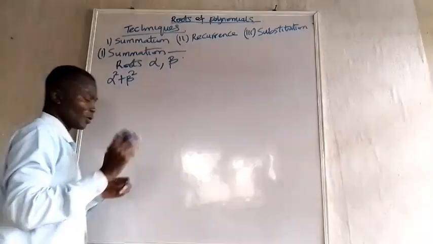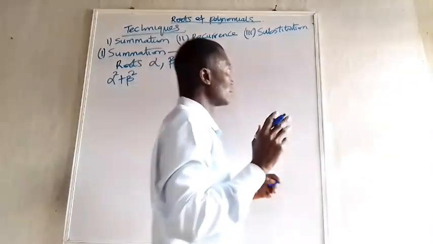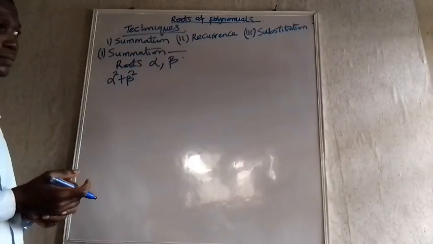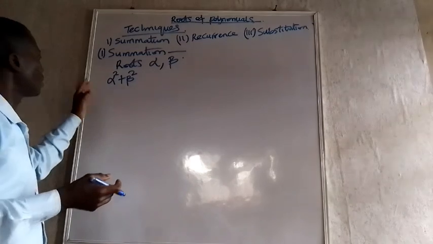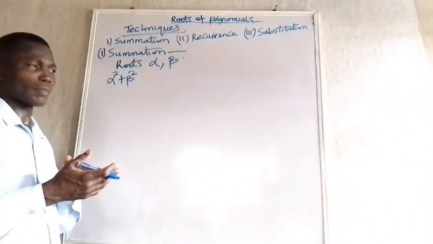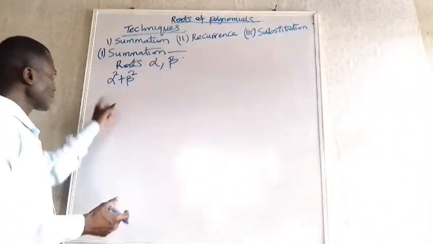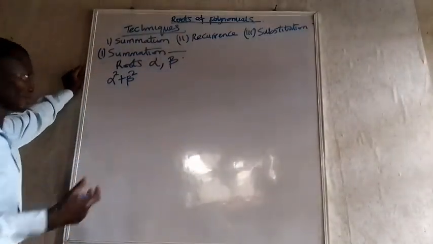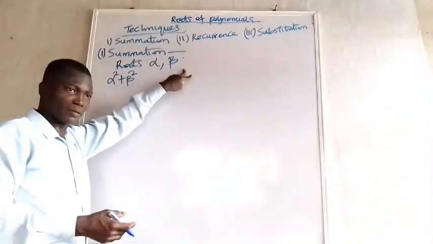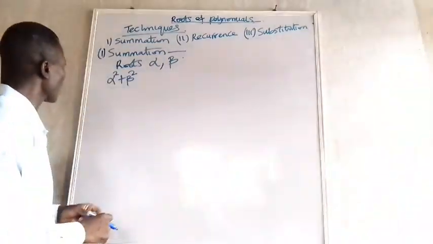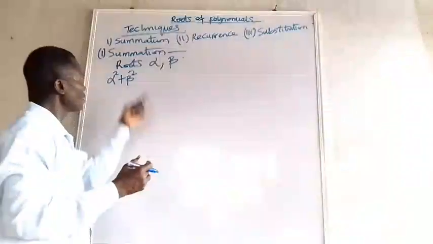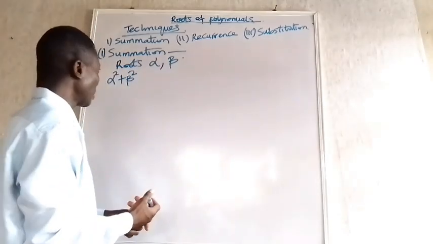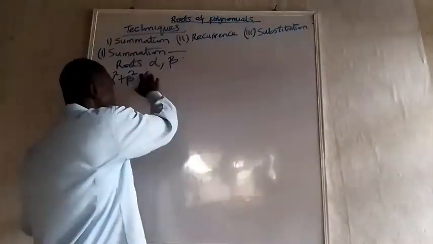You know, when we want to form a quadratic, the main thing we need is the sum and the product. So in this instance, we are still basing on the quadratics, which have two roots alone, before we go on to the higher one. We can have the roots of the expression or quadratic equation as alpha and beta.